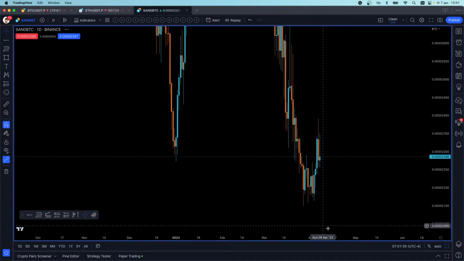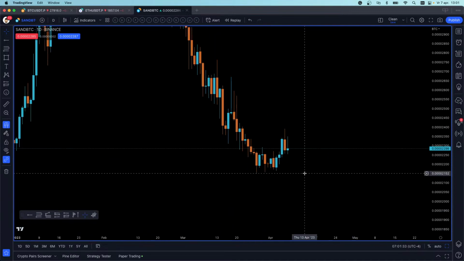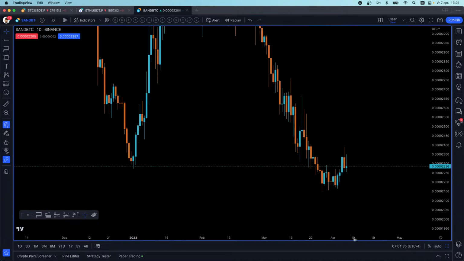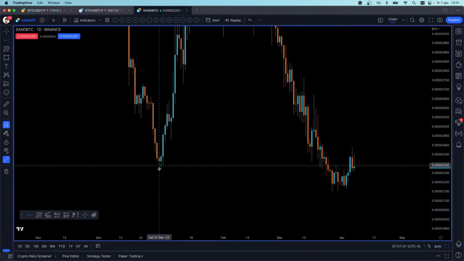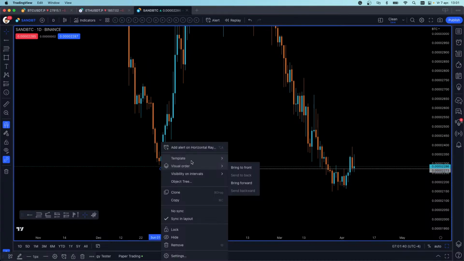On the daily here, where is it? Where's the magnet here? And yeah, it took that liquidity. So that's the first thing that I see.